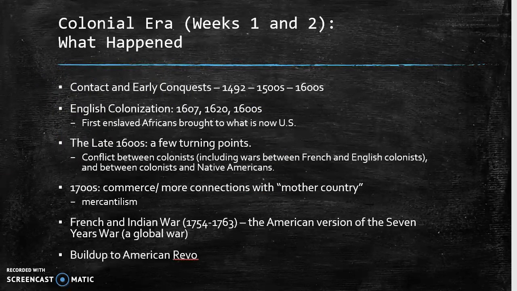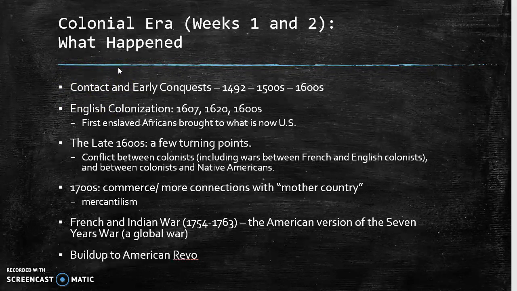In weeks 1 and 2 we're in the colonial era, and here's a basic overview of what happened. Last week, you remember, we read a lot about Columbus and different interpretations of him, and you read Howard Zinn's interpretation of some of what happened in American history in the 1500s and 1600s. We sometimes call that time period the period of early contact, meaning contact between Europeans and Native Americans.